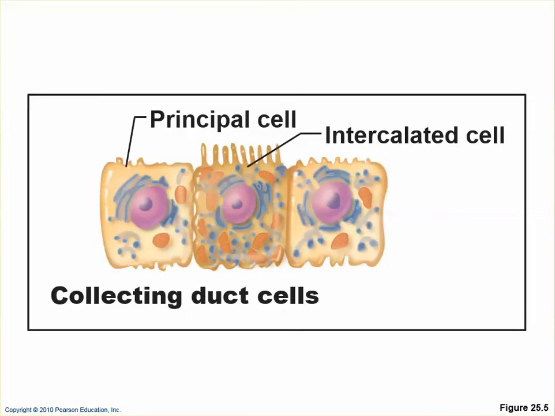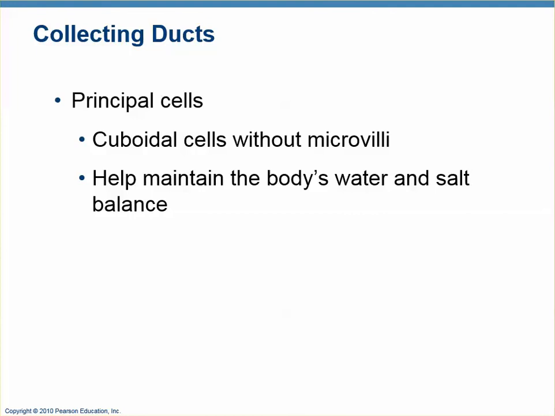It kind of looks like this. There's a couple of different types of cells, but they're all basically cuboidal. The principal cells are about water and sodium. The intercalated cells are about pH.